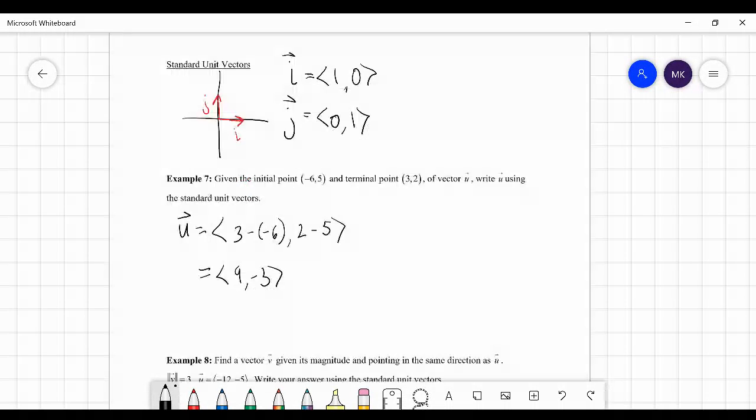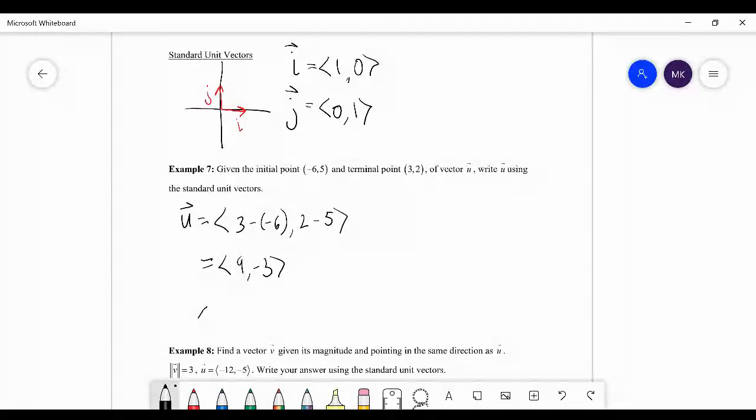If we split this, we can think of it as the vector 9, 0 plus 0, -3.